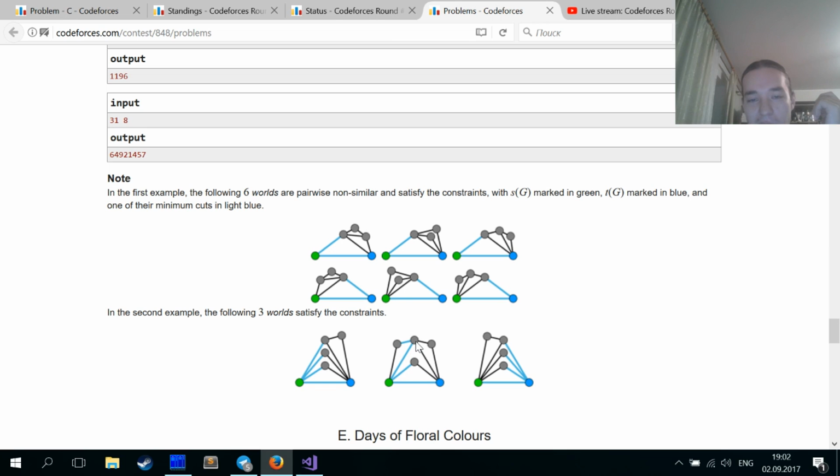This triangle is a smaller structure with this vertex at the start and this one at the finish. So we have to consider all ways to place these triangles with these smaller structures on them, so that the value of minimal cut is taken into account.